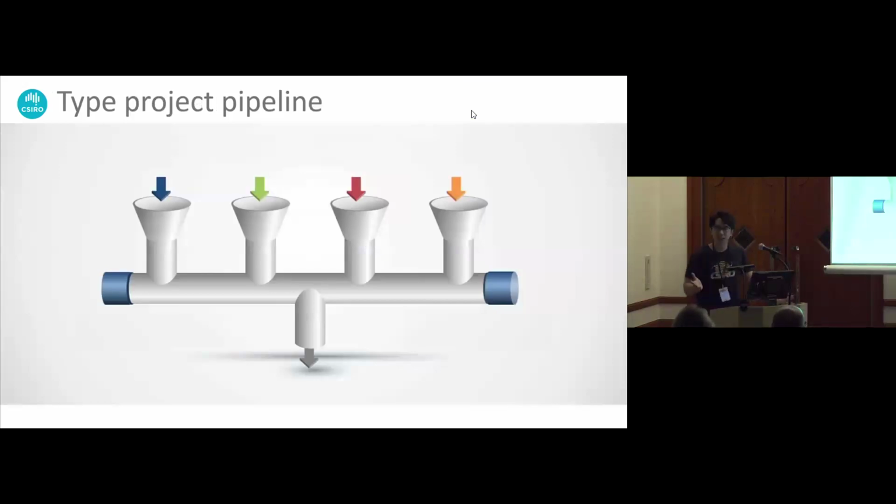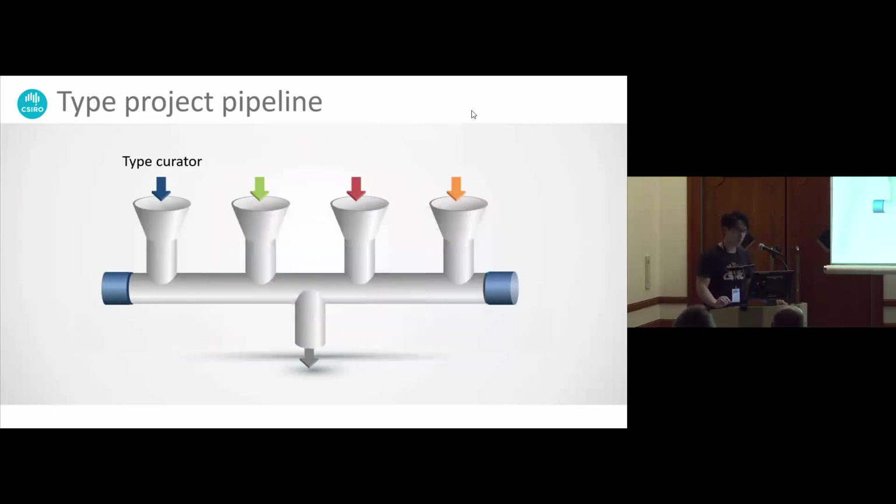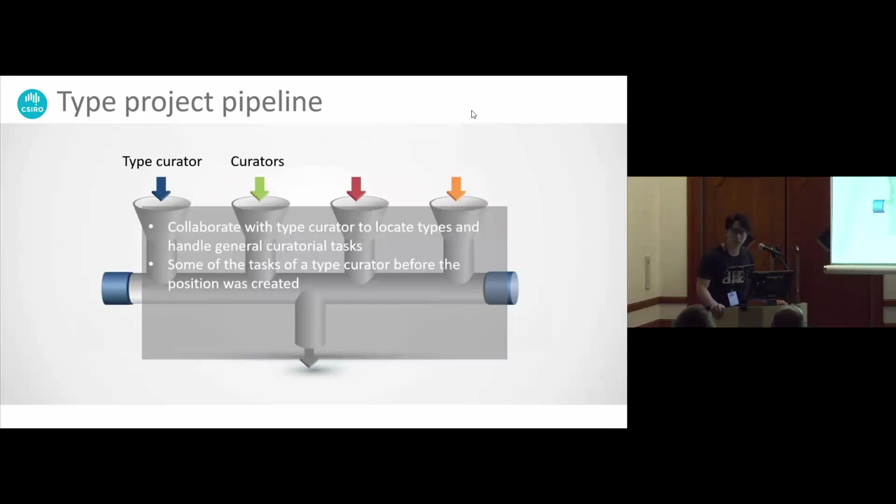After knowing the concept of the type project, let's take a look at the pipeline and who's involved, which teams contributed to this project. First, the type curator, which is my position. I'm responsible for looking at these types, maintaining the type list, assessing the type status, confirming identity, and helping the digital curators, the imaging team, with any entomological issues. I also work very closely with the curators on general curatorial tasks, and these curators are responsible for taking care of the types within their groups.